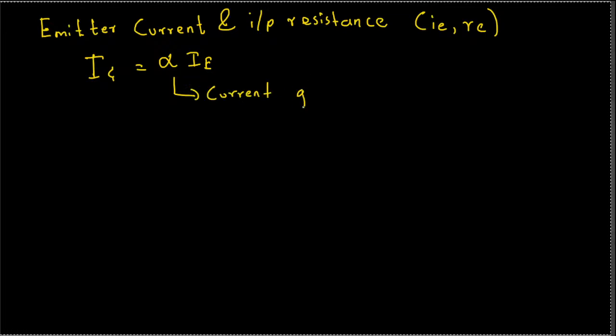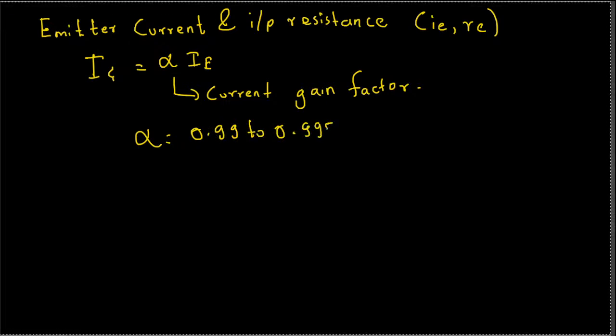This alpha value is almost like 0.99 to 0.995, so we can also say this is approximately equal to 1.